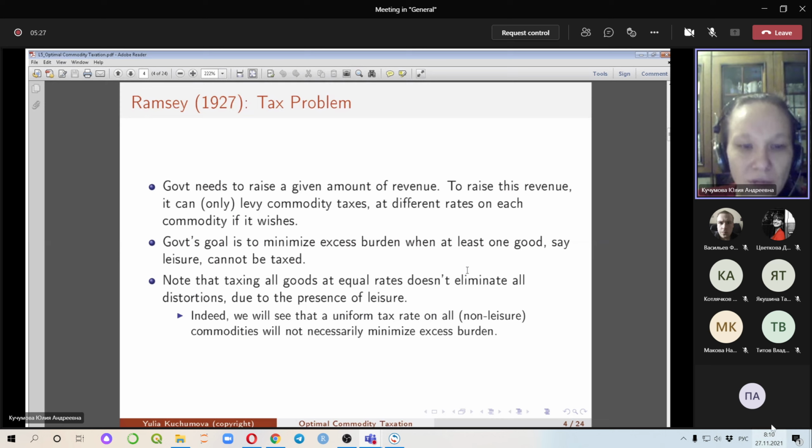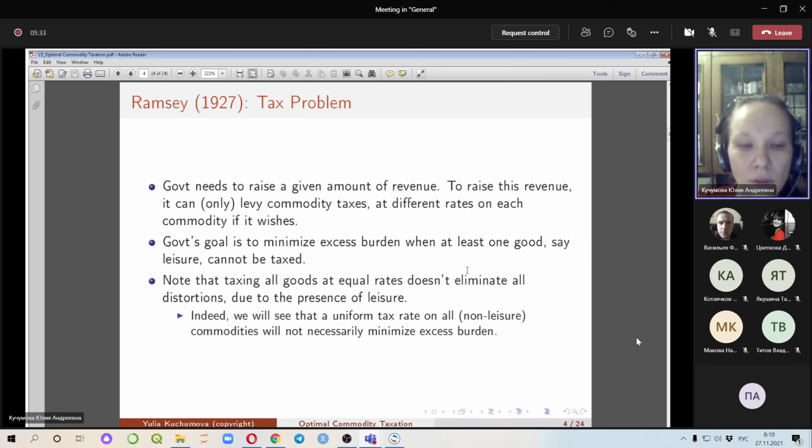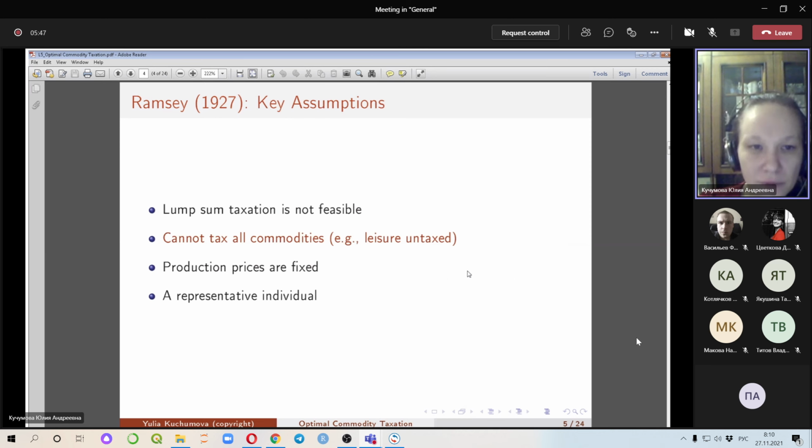This is important, and we will emphasize this many times. It's also important to know that taxing all goods at an equal rate does not eliminate all distortions due to the presence of leisure. We will see this later.